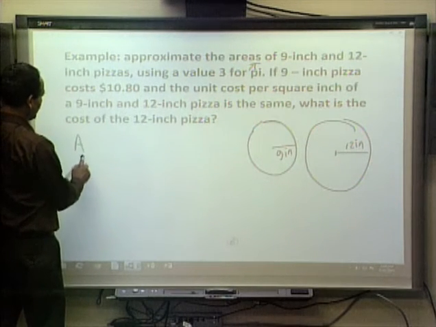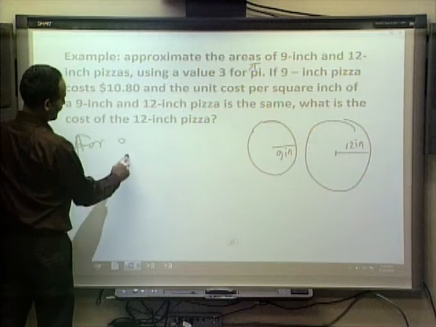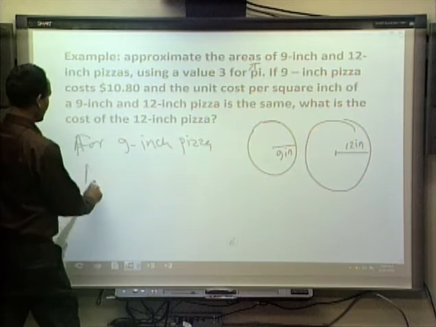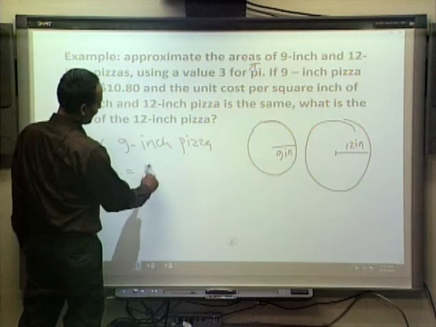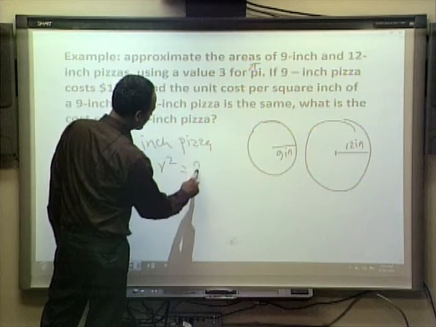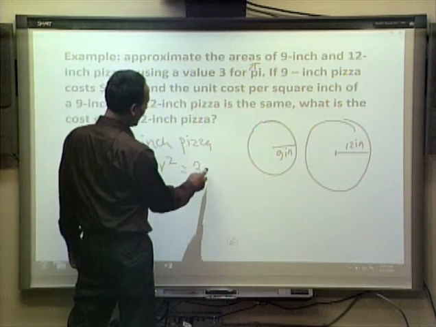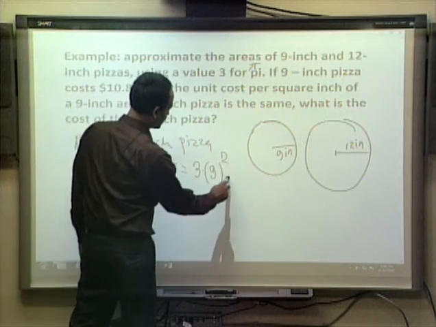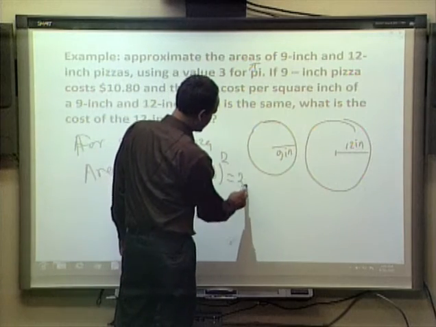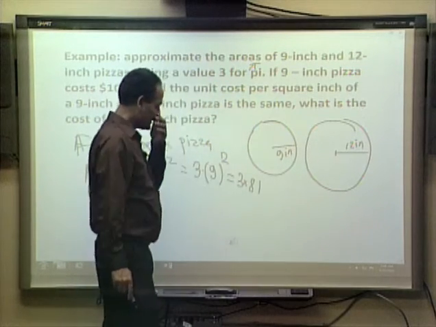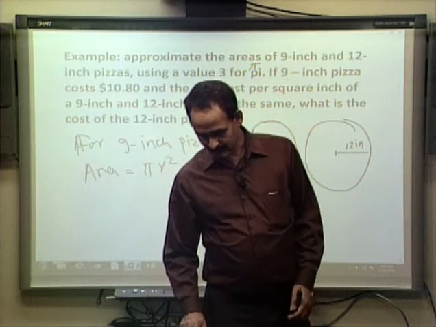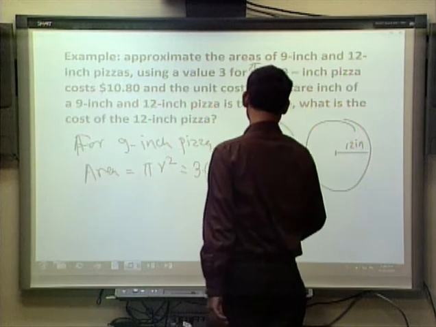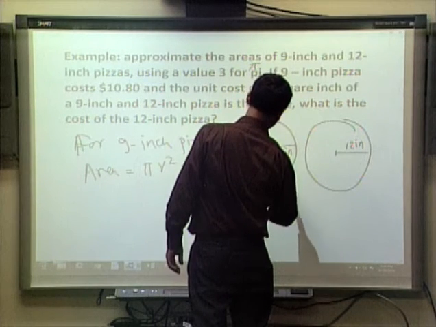So, area for the 9-inch pizza is pi r square. Pi is given to be 3 and r is 9. So, this will be 3 times 81, since 9 square is 81. 81 times 3 equals 243 square inch.